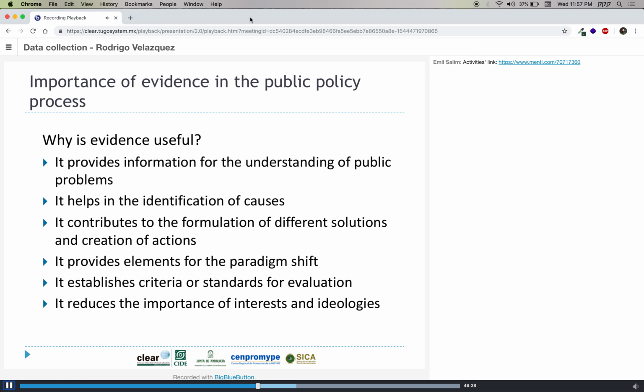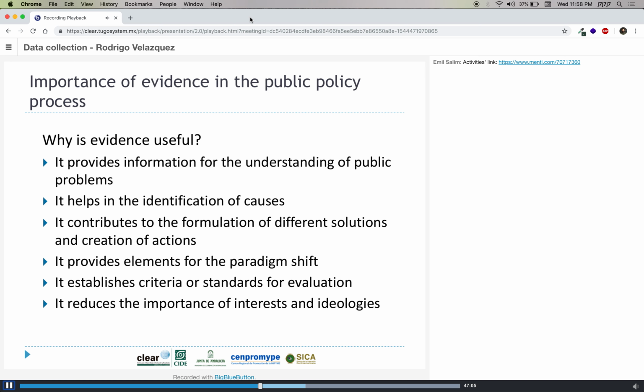And as you already know, this happens a lot, because sometimes there is not enough information, or maybe there's not enough evidence to be able to have a government program. However, maybe this is done because of other types of things, and not because we have the necessary evidence, and this leads to not understanding the problem.